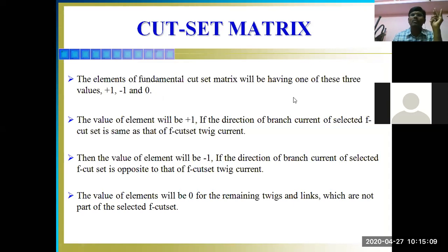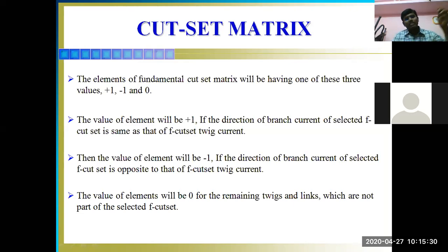So the elements of the fundamental cut set matrix will be either +1, -1 or 0. The value of the element will be +1 if the direction of the branch current of the selected cut set is the same as that of the cut set twig current.